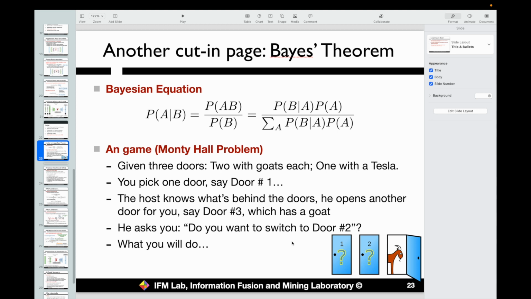If you wonder why it happens, why it is not 1/2, 1/2 but 1/3 and 2/3, you may search this Monty Hall problem by yourself after class. There are so many articles and web pages providing you with the answer. You can also write down the probability with the Bayesian equation as well, and it will be very interesting. So I leave this as some toy homework for you, and you can check by yourself.